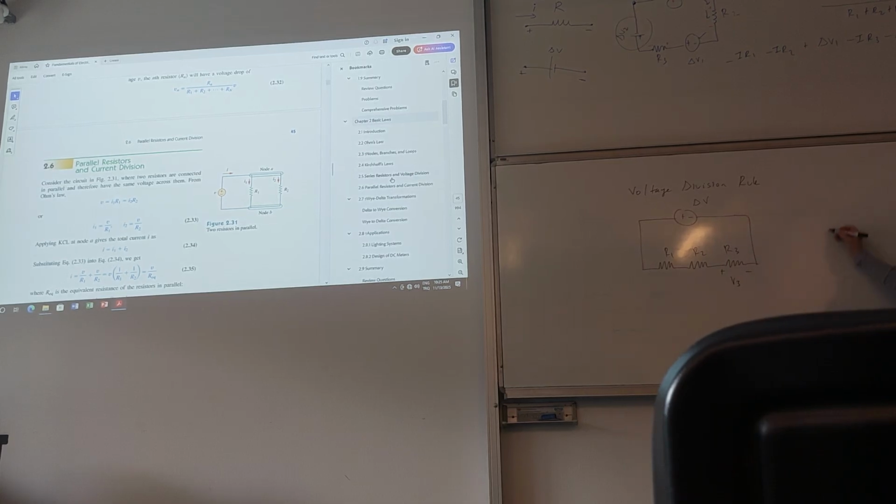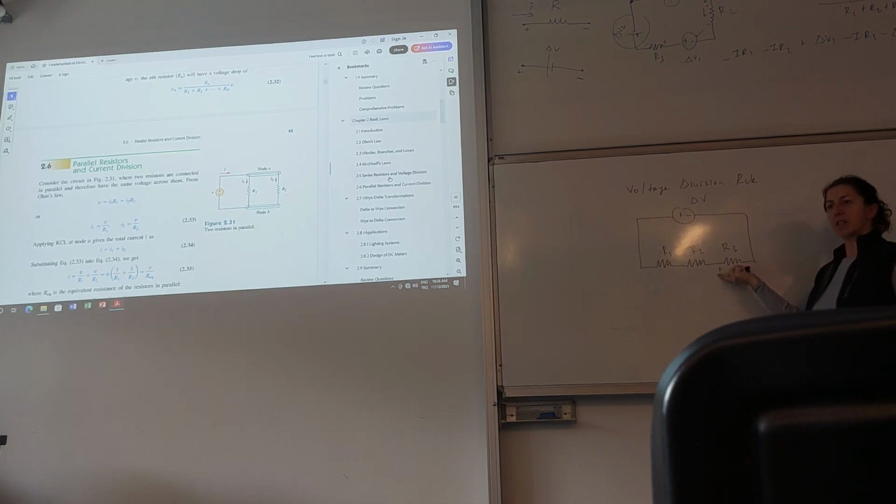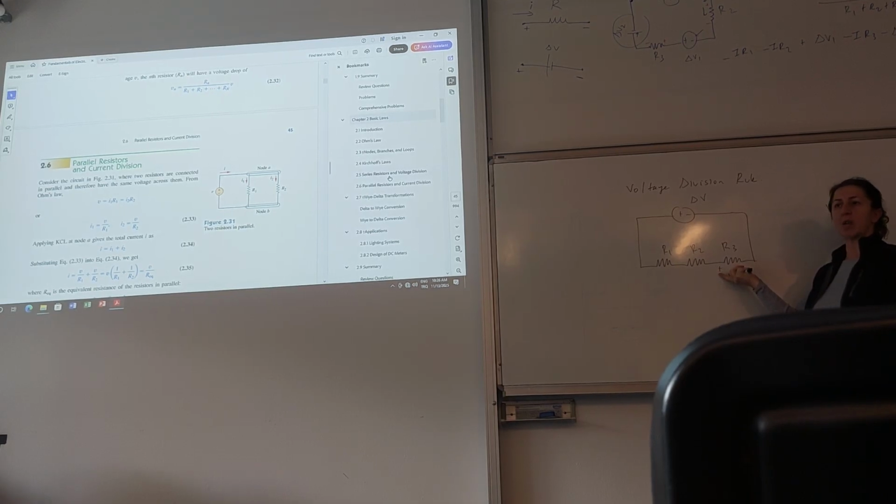So if the problem asks you what V3 is, again, you can use Ohm's law because you know how to calculate the current here. Once you have the current, you know that the potential across the resistor can be calculated as I times R. That's okay.